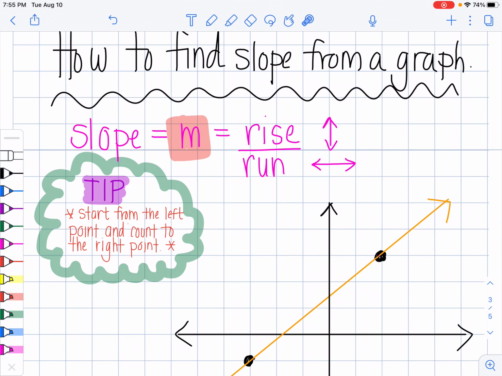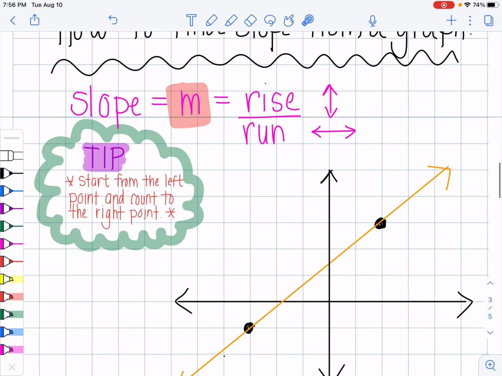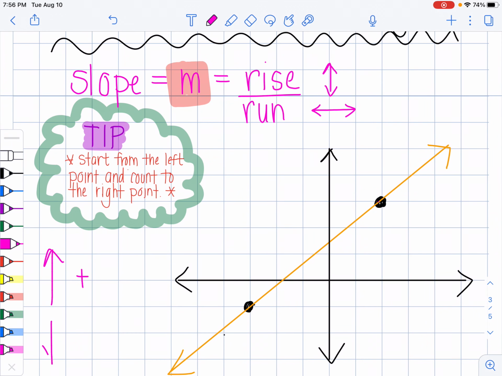So the easiest way to do this is to start on my left point and either move up or down and then move to the right. If I happen to move up, that means my slope is positive. If I happen to move down first, that means my slope is negative. But always start on the left-hand side. So I'm going to start here and draw in what I like to call a staircase. How much did I go up? I'm starting here and I went up this far to get to this height here. And then I have to go over.